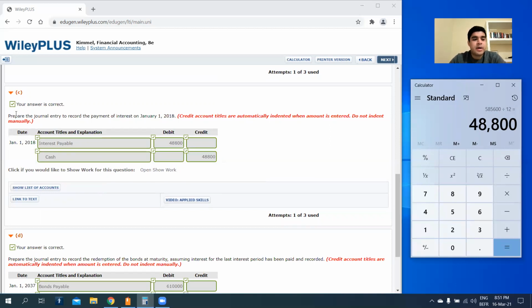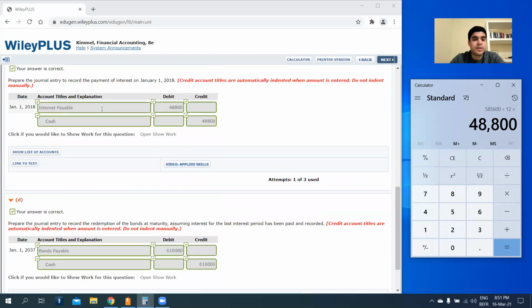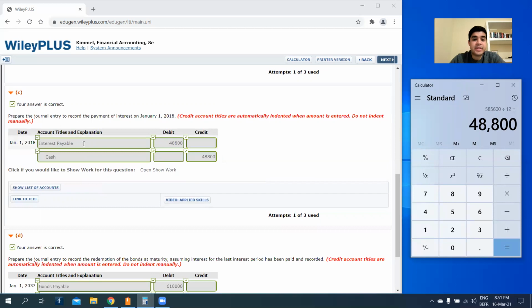Now it asks us, prepare the journal entry to record the payment of interest on January 1st, 2018. So we just recorded the liability that we have. Now we are going to pay this liability, pay this interest.